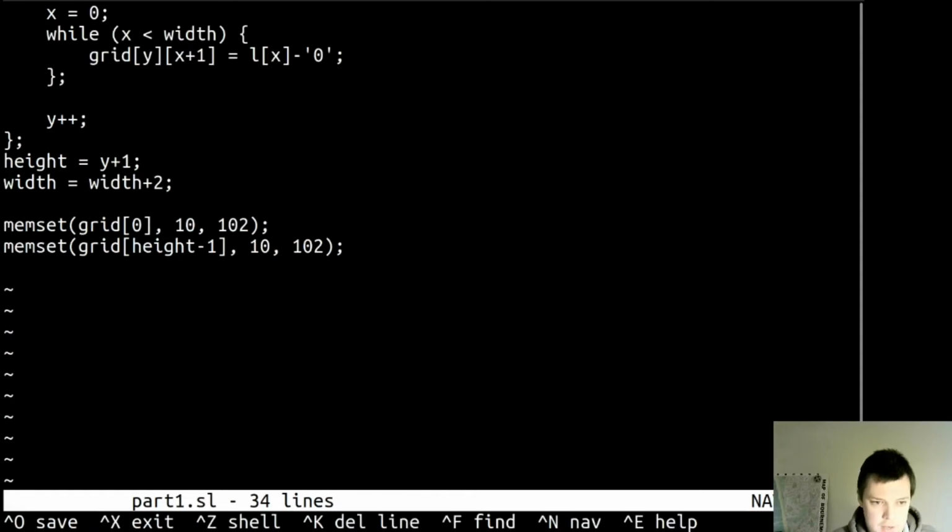And then, just to be on the safe side, I fancy that we might print the grid out.